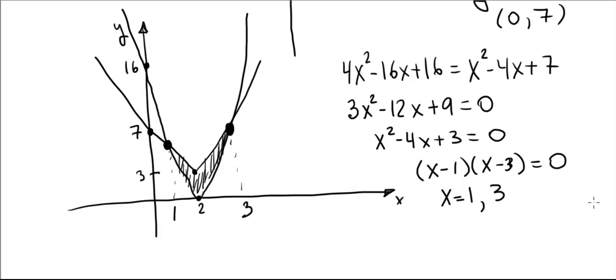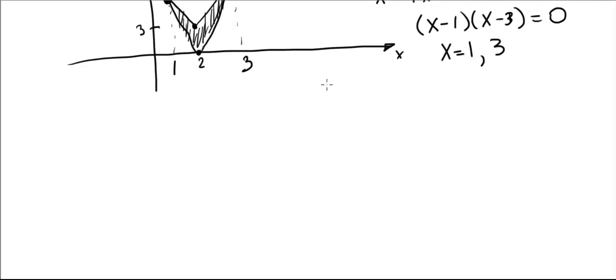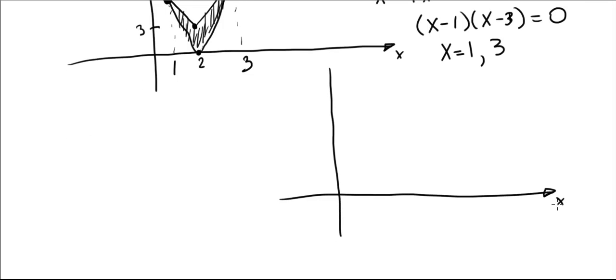It's probably better just to redraw this region, just the part that we need right over here. I'm going to go ahead and do that so we can determine the formula for the volume more easily. Here is the first part right there. That's the first parabola. It goes like this, and the second parabola starts here and goes to here and here.